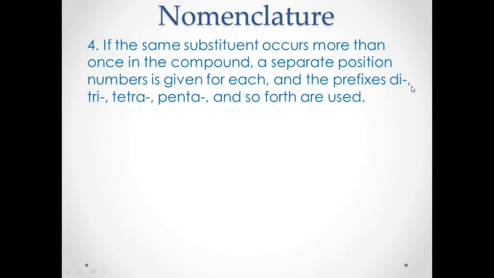So that means this substituent occurs twice on this structure, and if it occurs thrice, then we can use the prefix tri. Okay, and if it has 4 of the same substituent on the structure, then we can use the prefix tetra, and if there are 5 of the same substituent, then we can use penta.